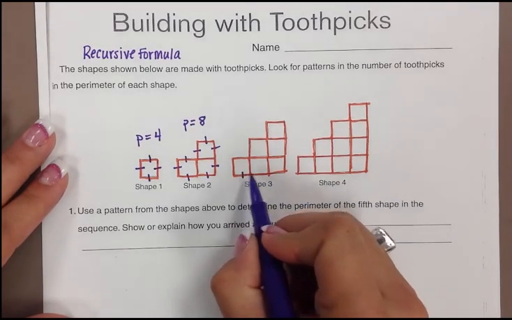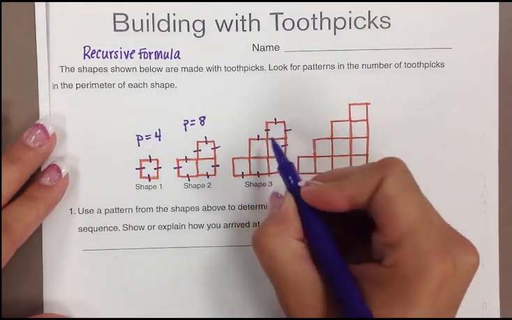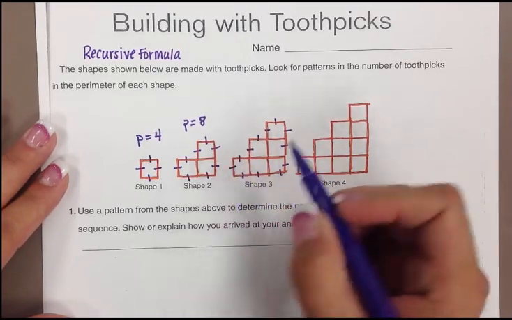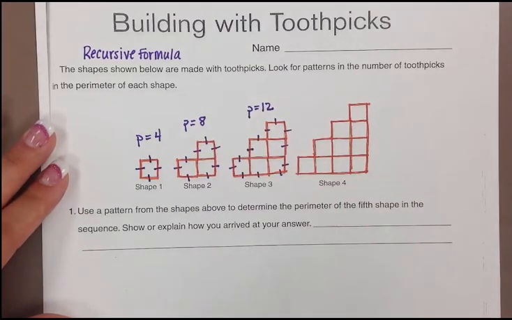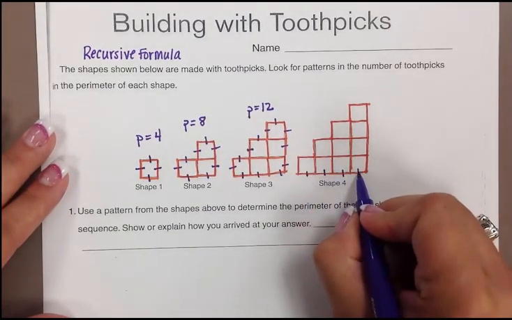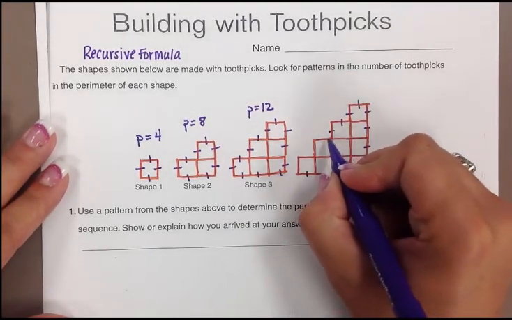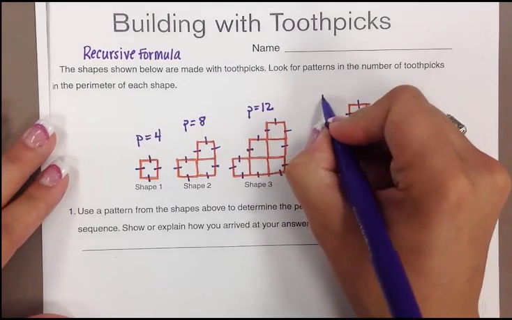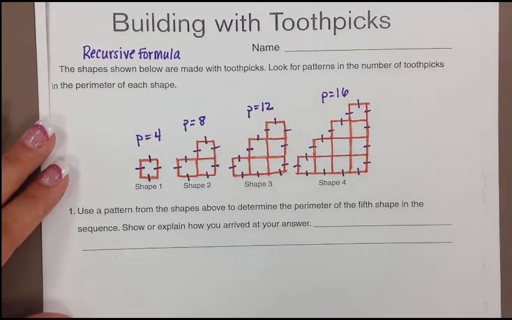For shape 3, counting our exterior sides, we are going to have a perimeter equal to 12. And for shape 4, counting up our exterior sides, we will end up getting our total perimeter equal to 16.